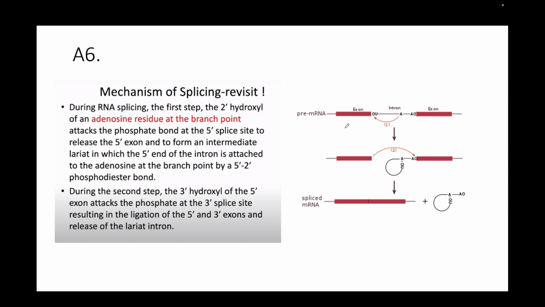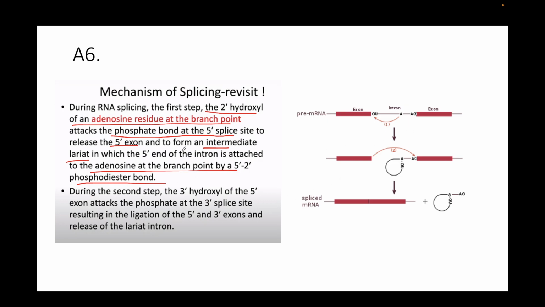During RNA splicing, in the first step, the 2' hydroxyl of an adenosine residue at the branch point attacks the phosphate bond at the 5' splice site to release the 5' exon and to form an intermediate lariat in which the 5' end of the intron is attached to the adenosine at the branch point by a 5'-2' phosphodiester bond.